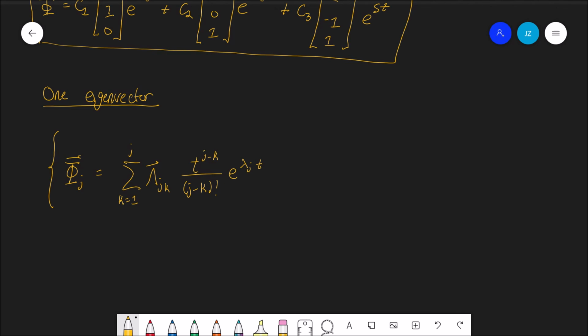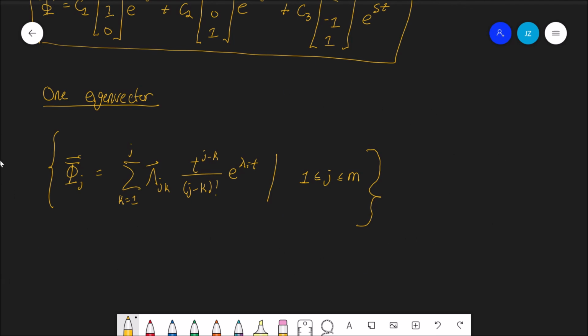Sorry, that should be a lambda sub I. It's the eigenvalue. Such that 1 is less than or equal to j, less than or equal to m. So j ranges from 1 to the multiplicity.